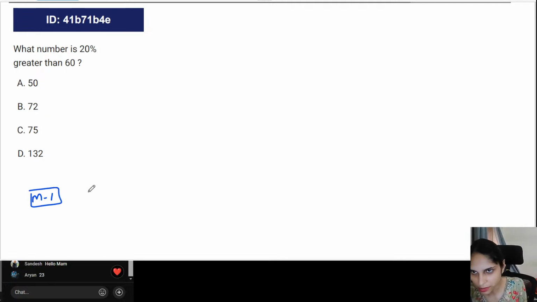Greater than means you're adding. So basically you're finding 120% of 60. That is going to be 72, because you can cancel the zeros, that is 72.